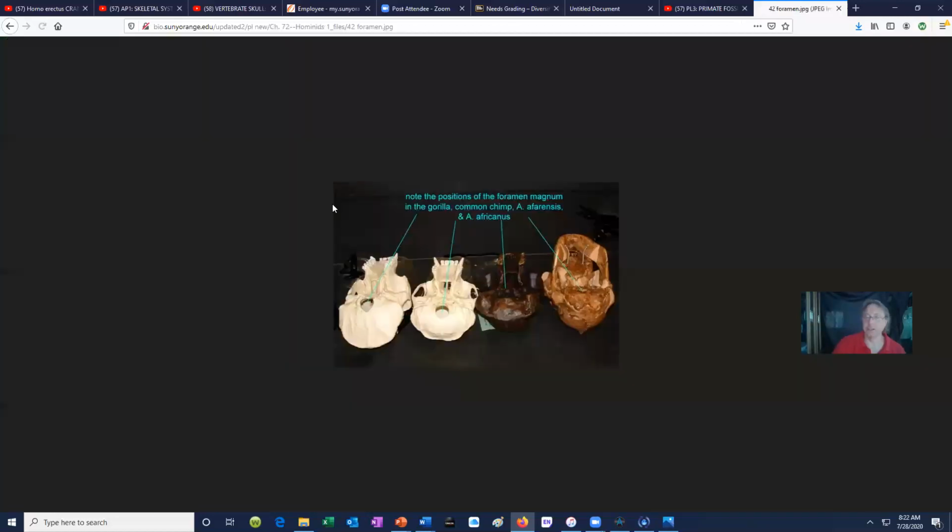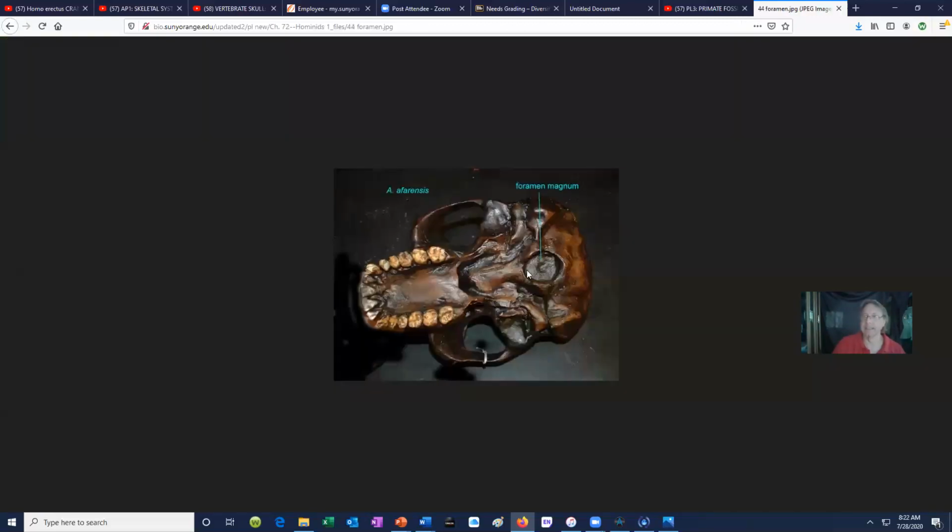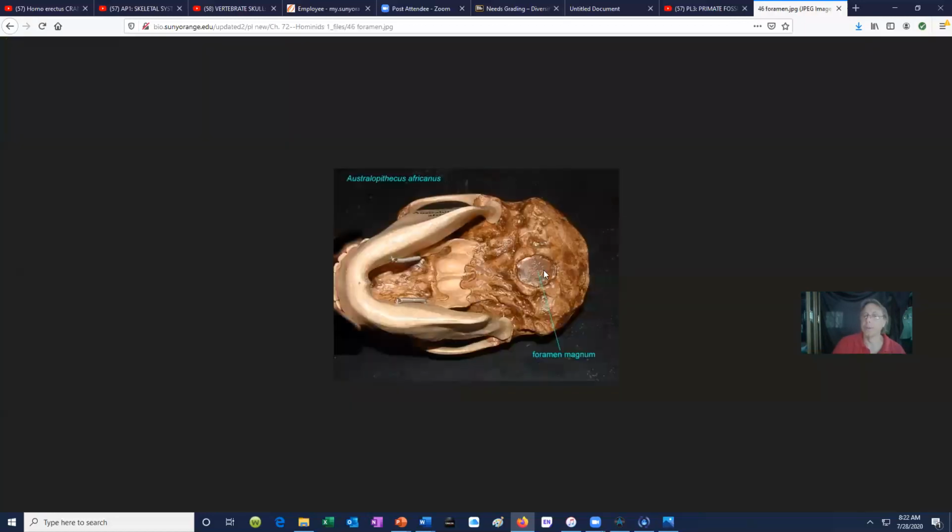But that changed in the fossils which we call hominins, because if you were to look, say, at Australopithecines, like Australopithecus afarensis, and then all later ones as well, notice this foramen magnum is not here, as it would be, say, in a chimpanzee, a gorilla, or more primitive primates, but rather it's here.